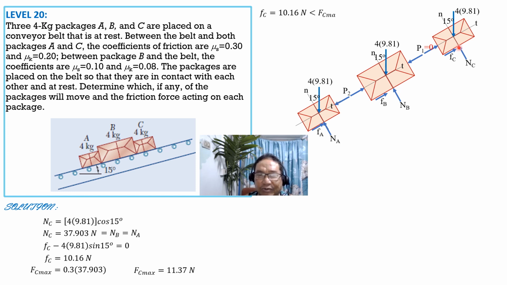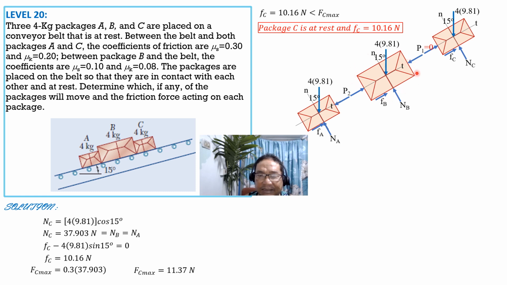So for our conclusion, P1 is 0 here because package C is in equilibrium. Package C is at rest, therefore F sub C is 10.16 newtons. So P1 is 0, so this has no value.